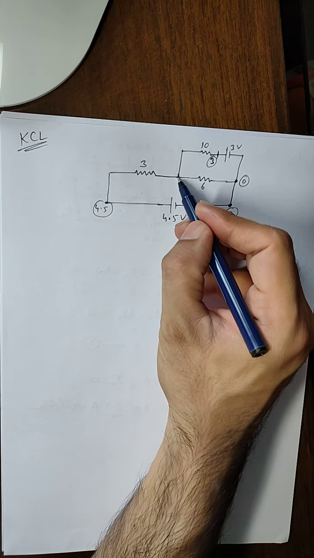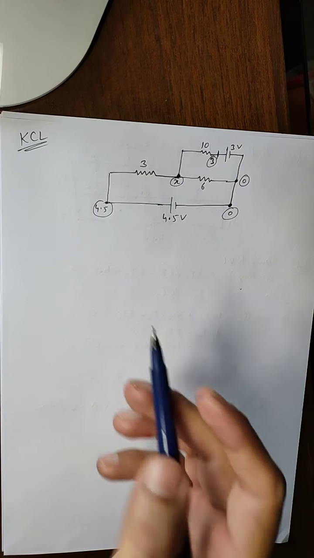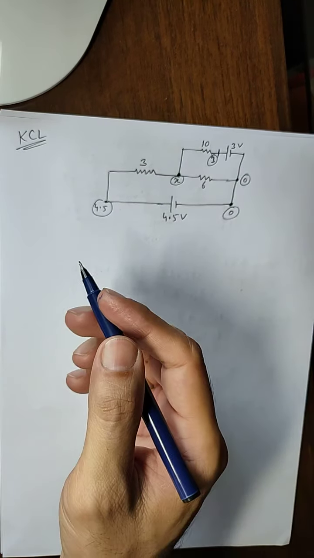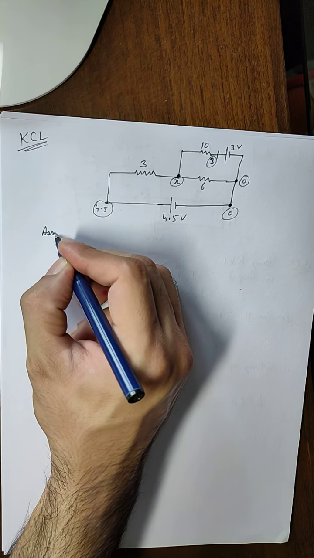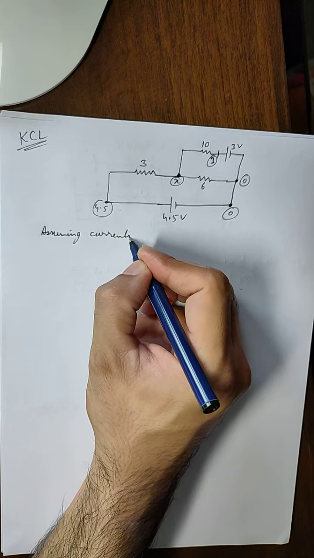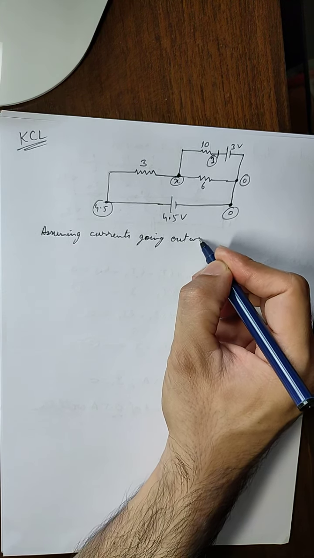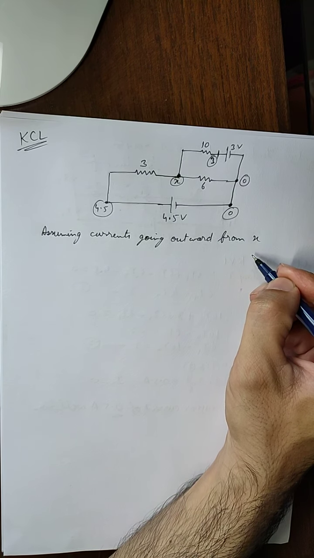Now at this point we do not know the potential, so we'll assume it to be X. So from X we'll assume the current going in outward direction, as we have already done in previous videos. So we are assuming all the currents going outward from potential X.